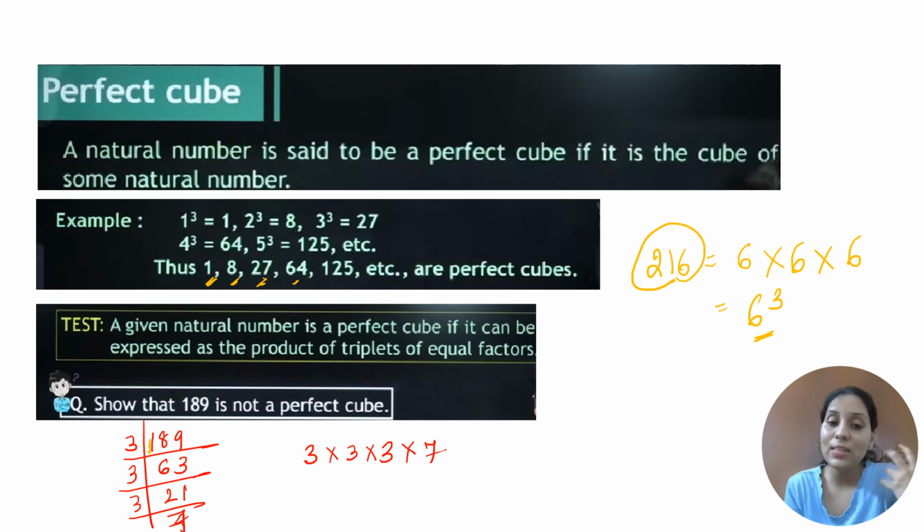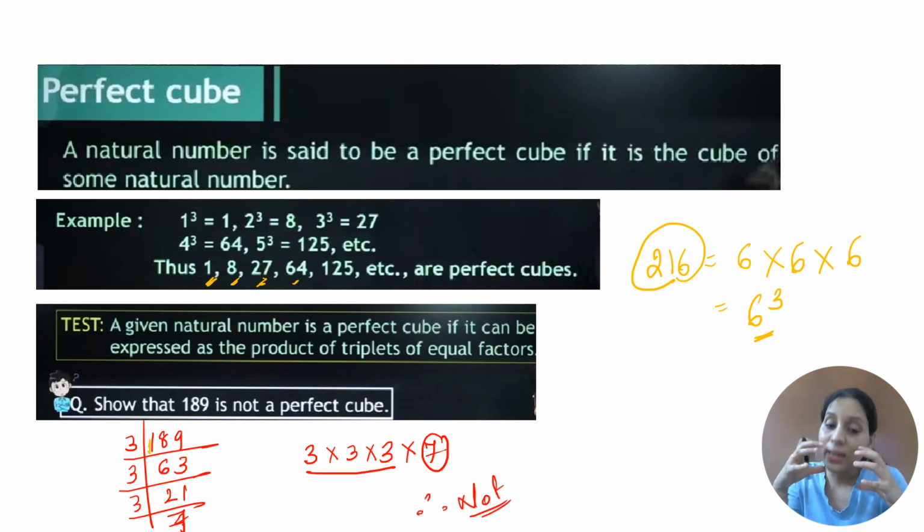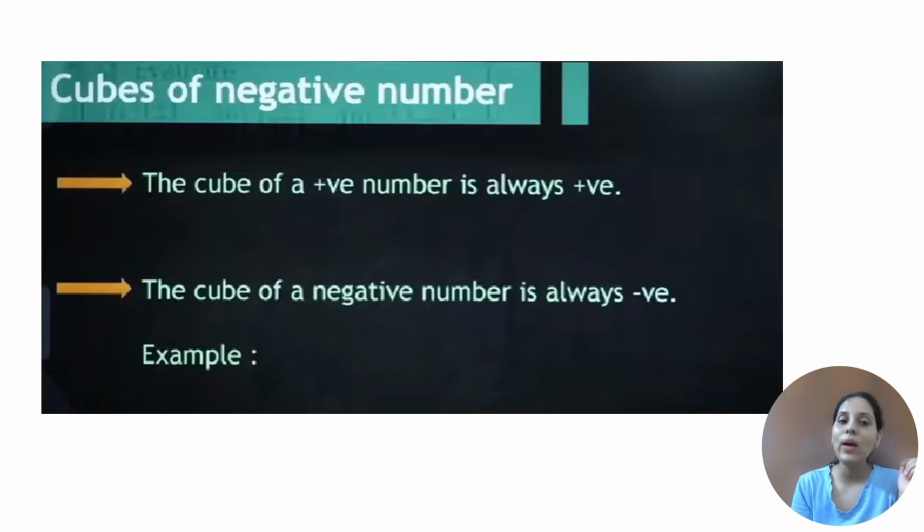Once we are done with this, we need to make them into triplets. So this is one triplet. Now 7 does not have any triplet, right? 7 is left alone. So therefore this is not a perfect cube. For any number to be a perfect cube, it should have equal factors in triplet form. I hope it's clear.